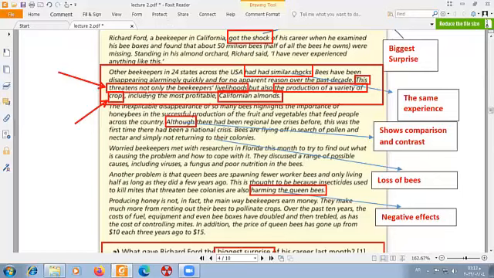Okay, I said the answer again because it threatens the beekeeper's livelihood and threatened the production of variety of crops أو food يعني.